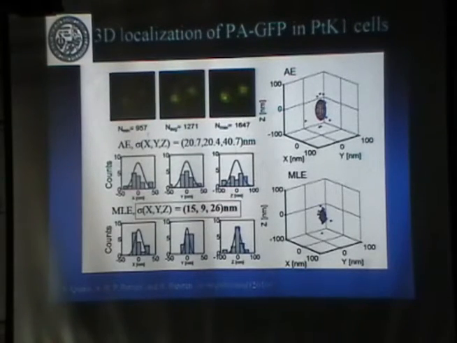And the way to do that, the AE represents angle estimator, which is what we were talking about, and MLE represents maximum likelihood estimator. Maximum likelihood, Crisante talked about it yesterday, is essentially using all the information you have to determine which is the most likely pattern or distance that corresponds to this molecule.